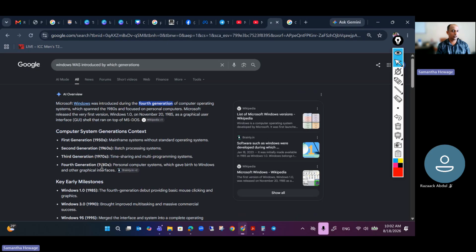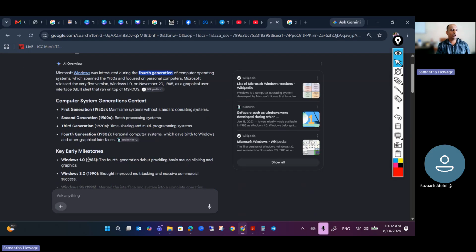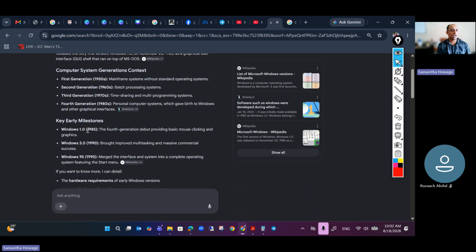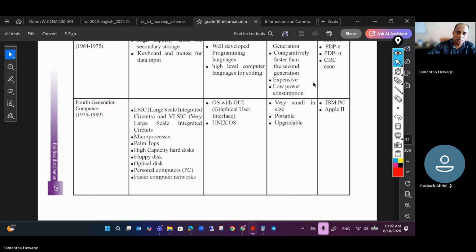Right? So 4th generation personal computer which gave birth to Windows and other graphical interfaces. So Windows 1.0 in 1985, that means first generation. Sorry, 4th generation. So in 4th generation computers, here you can put Windows OS also.